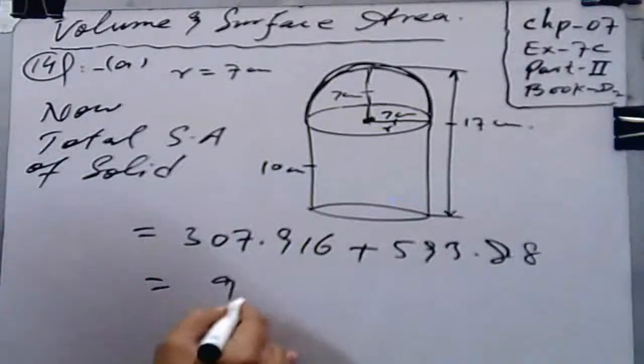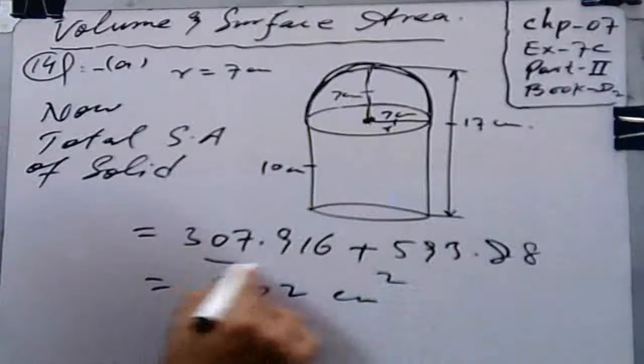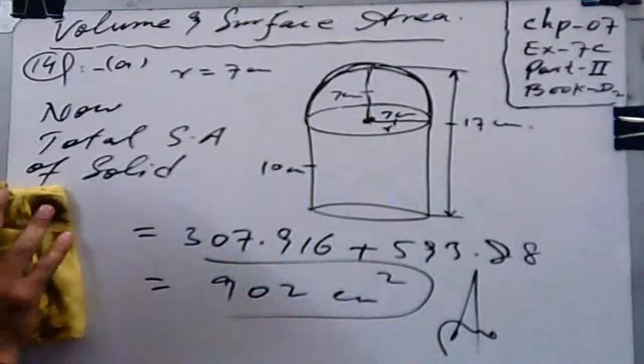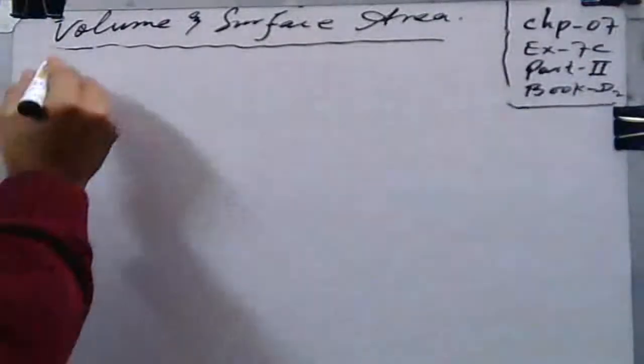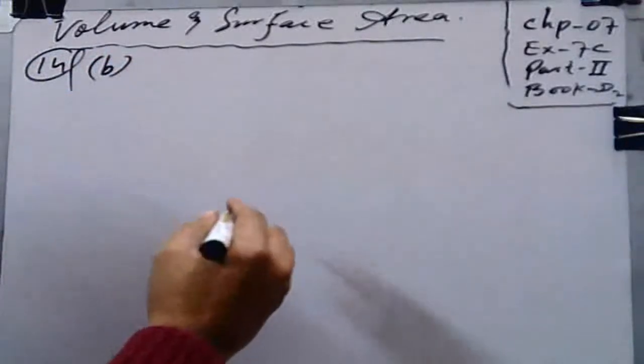Now coming to the B portion, in B portion another fig is given to you. The given figure is like this. You can see one is cone and hemisphere, hemisphere and cone.